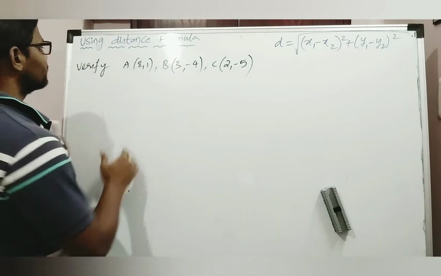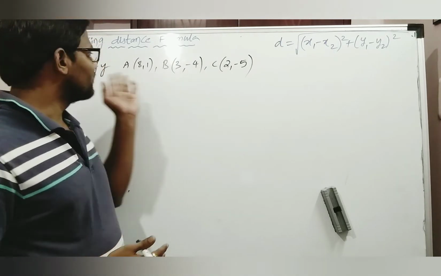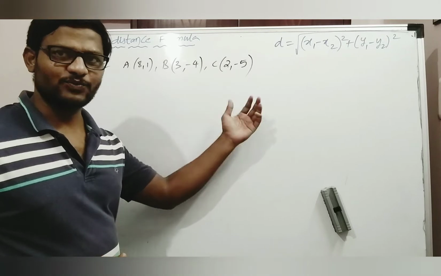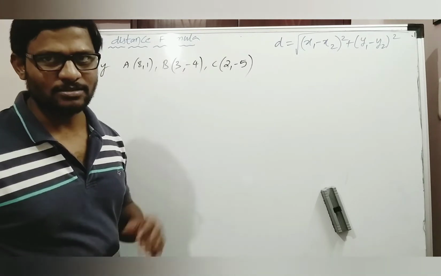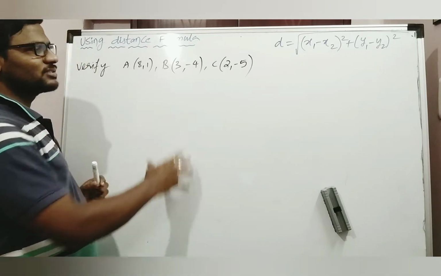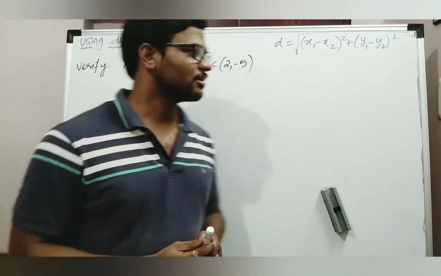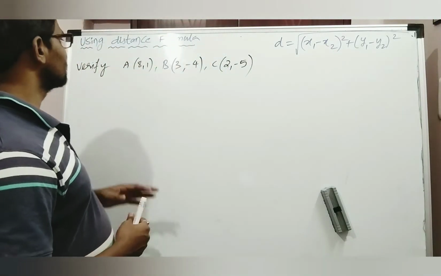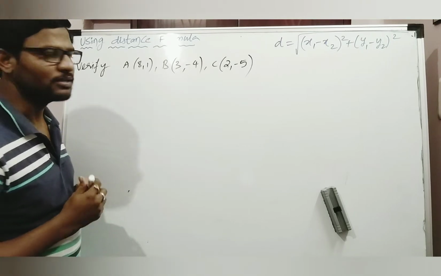First problem, verify whether A, B, C are collinear or not, or verify whether these 3 points are the vertices of a triangle or not, or verify whether these 3 points lie on the same line or not. For all these questions, we have a single solution, that is the concept of collinear. To verify this, first I'm going to use the distance formula.